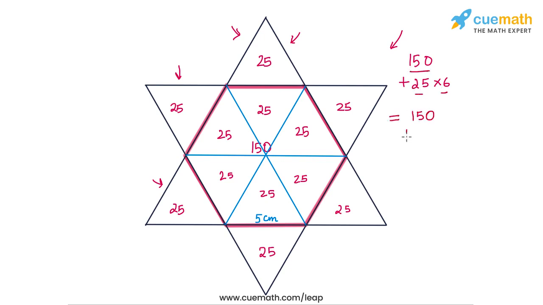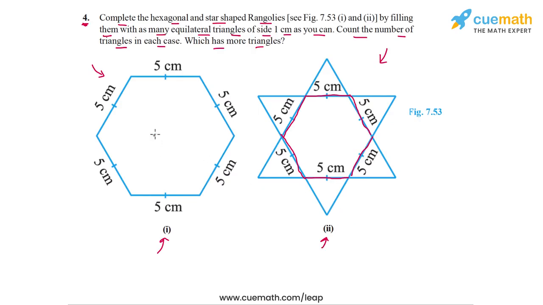So we get 150 plus 150, or 300. So overall we can draw 300 equilateral triangles of side 1 centimeter in this star shaped Rangoli. So the answer to this original question is that we can fit 150 triangles in the first pattern and 300 triangles in the second Rangoli.